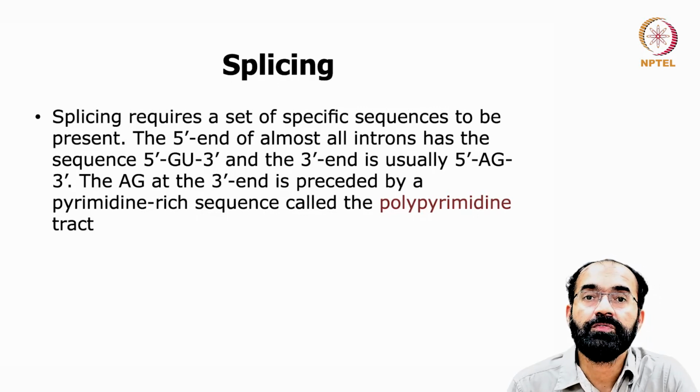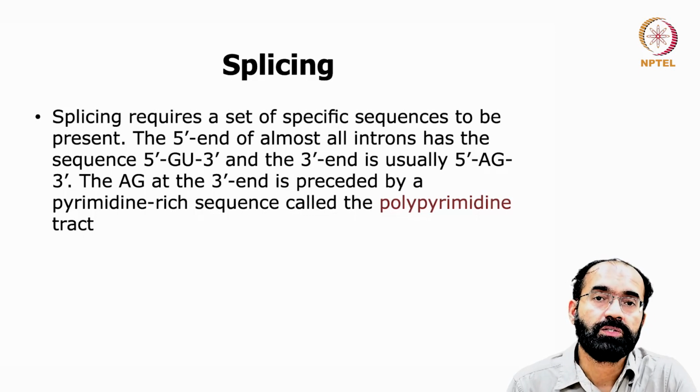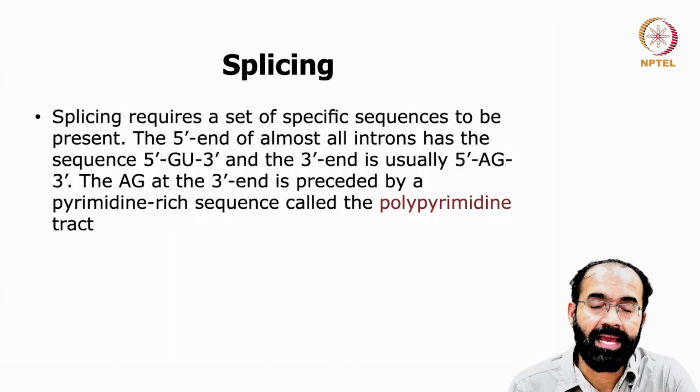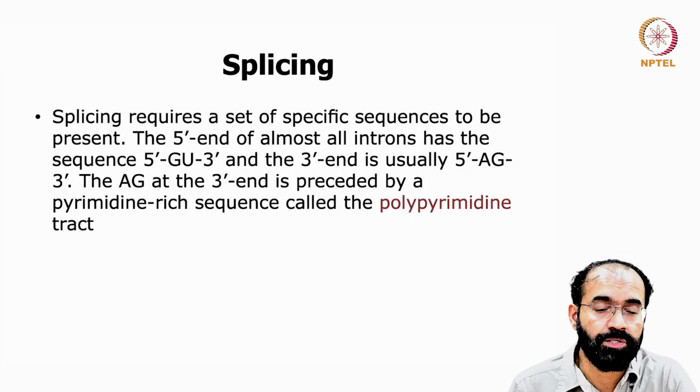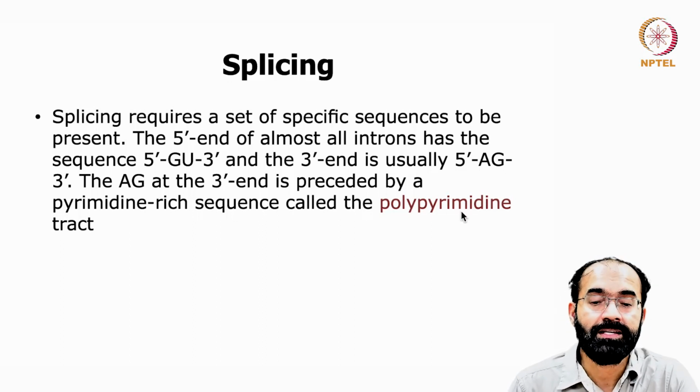The 5' end of almost all introns has the sequence GU. So the first base of an intron is G and the second base is always U, and the last but one base of an intron has to be A, and the extreme last base of an intron is G. This doesn't mean that every sequence starting with GU and ending with AG is an intron, because we also need the polypyrimidine tract and the branch point.